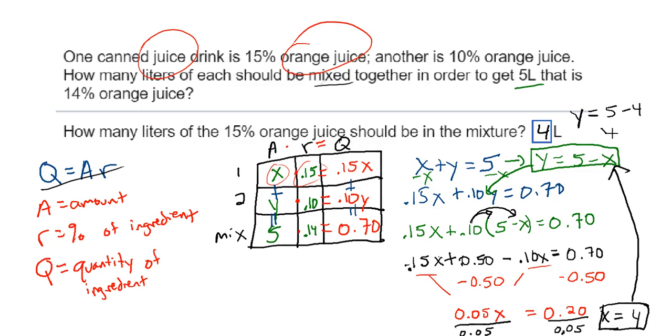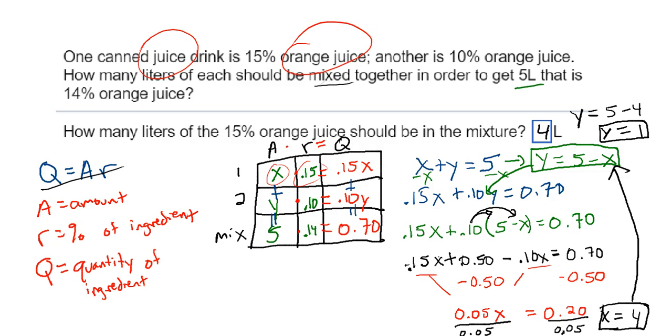And so y is equal to 1. And I apologize, it's really going slow here. All right, so we get y is equal to 1. And that's how many liters of the 10% orange juice. Sorry, it's not orange juice. That's how many liters of the 10% juice drink that we should be using to get a mixture that's 5 liters altogether and 14% orange juice.